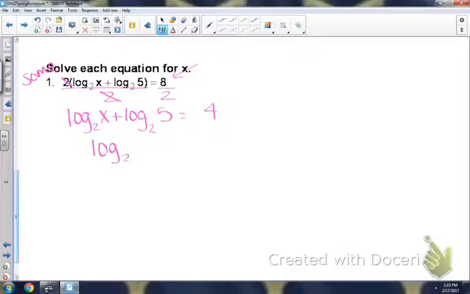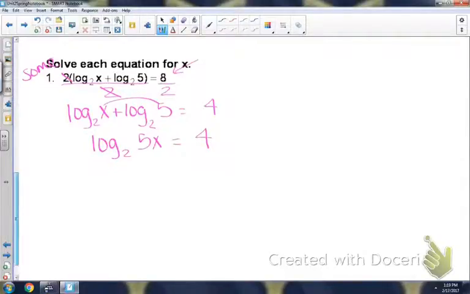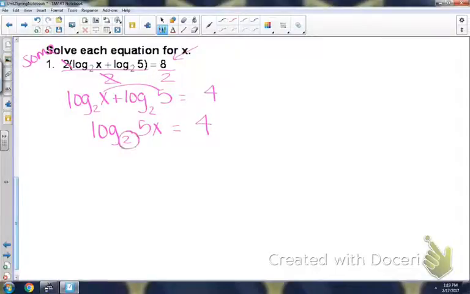Log base 2 of x times 5, which would be 5x, equals 4. Once we have it to where the log term equals the non-log term, we're using around the world to change it to exponential form. So here's my base, so 2 to the 4th power will equal 5x.